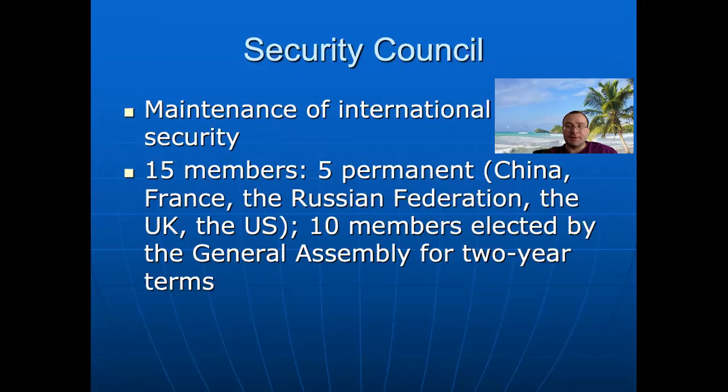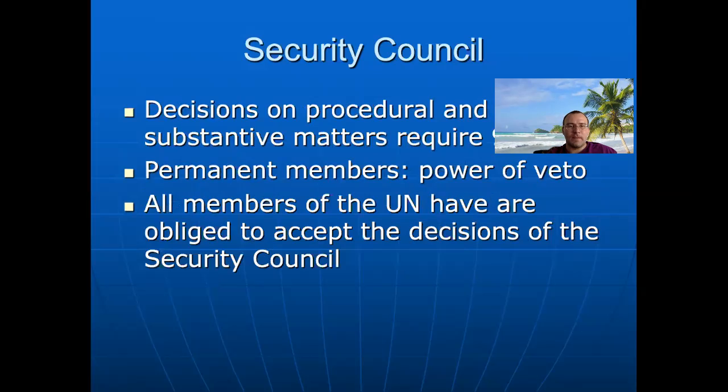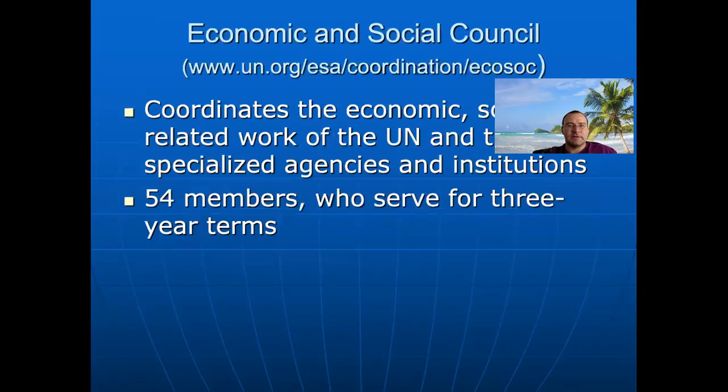But in cases when it is able to agree on some decision, it is extremely powerful. For instance, sanctions against Iran, I think 10 years ago. As I said, veto power is an important feature of those 5 countries. And if you are in violation of a Security Council resolution, you could be under sanctions yourself.